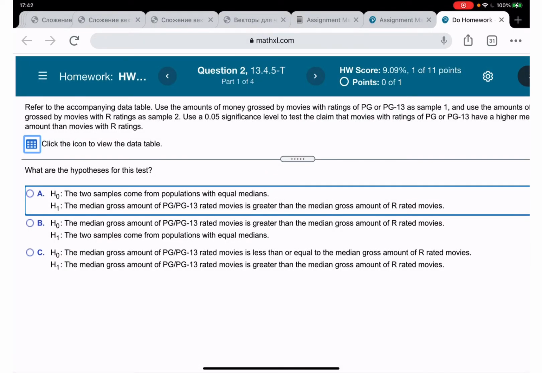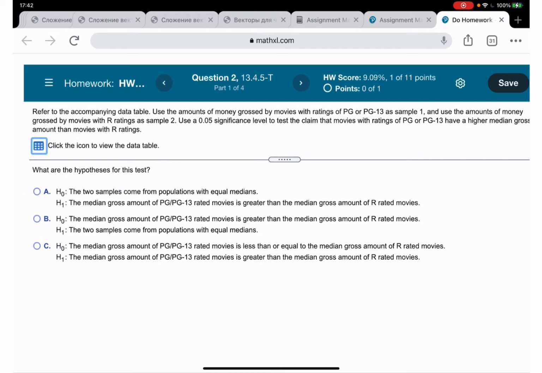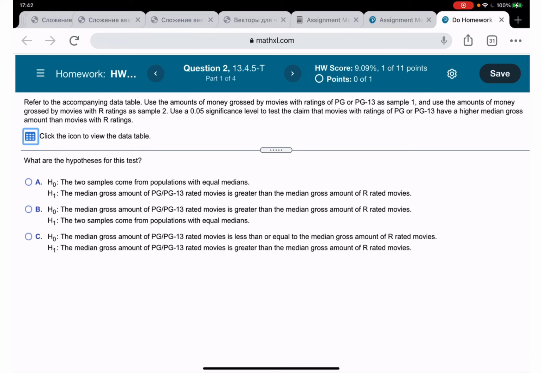Use the amount of money grossed by movies with rating PG and PG-13 as sample 1, and use the amount of money grossed by movies with R rating as sample 2. Use 0.05 significance level to test the claim that movies with rating PG or PG-13 have higher median gross amount than R-rated ones.